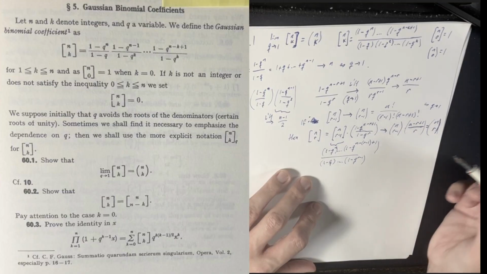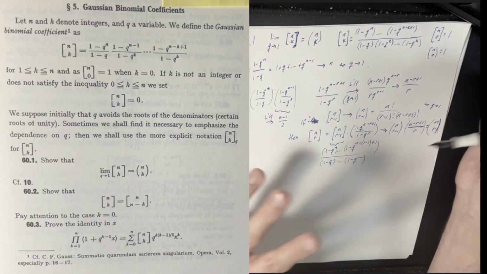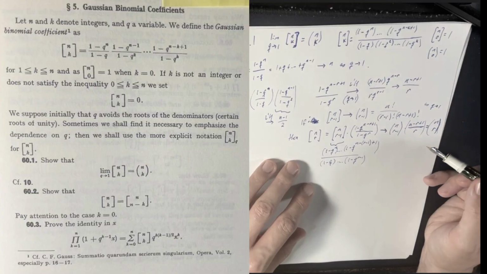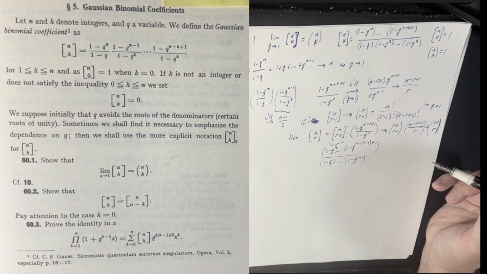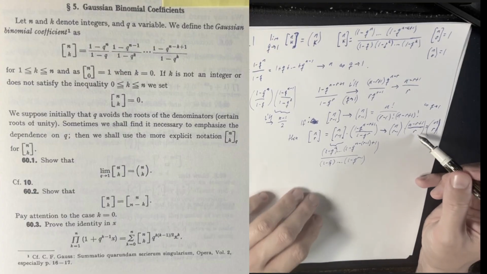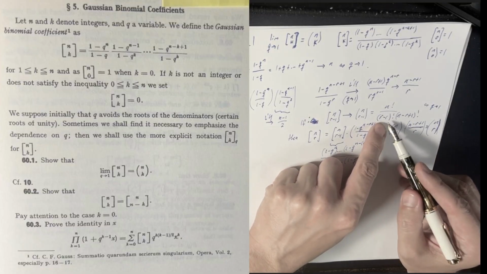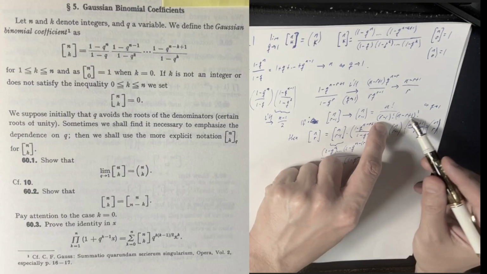Alright, so 60.1 is not bad. I would say induction on k. It's pretty straightforward. What happened there was you got an extra factor of r downstairs, so that turned this into an r factorial, and you got 1 fewer over here.